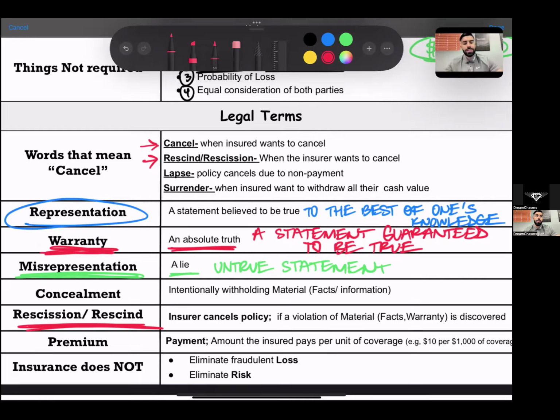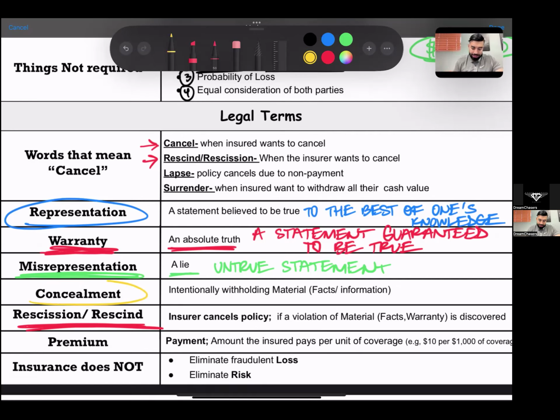So just think, when you buy a new phone or let's say a new car, they give you a 3-year, 30,000-mile warranty, meaning if anything happens with the car mechanically, you can take it back before the 3 years or before the 30,000 miles, and they will fix it, no questions asked. Why? Because it's under warranty. So, in other words, it's guaranteed to be fixed. Here, it's guaranteed to be true. Okay.